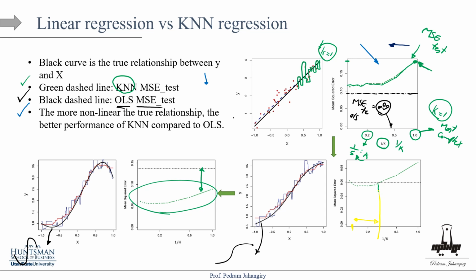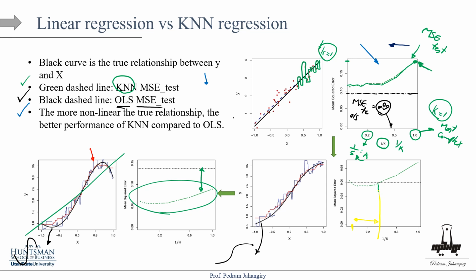Non-parametric means that we are not imposing any kind of functional form on the data, so it can be as flexible as possible. And yes, if the true relationship in the data is nonlinear, then non-parametric models are going to do a better job compared to parametric models like OLS, because imagine this is our OLS regression line.